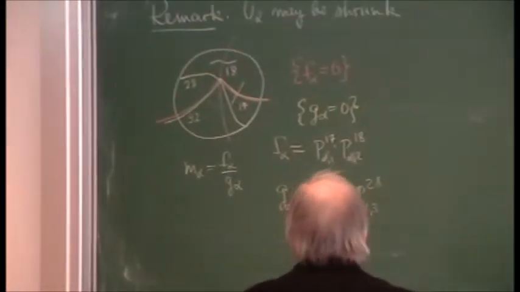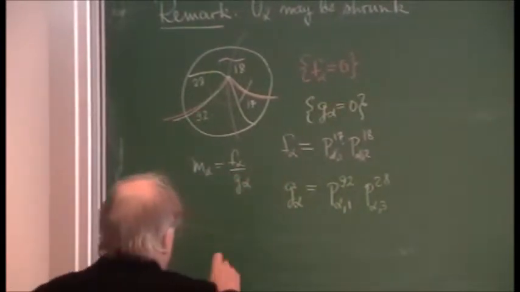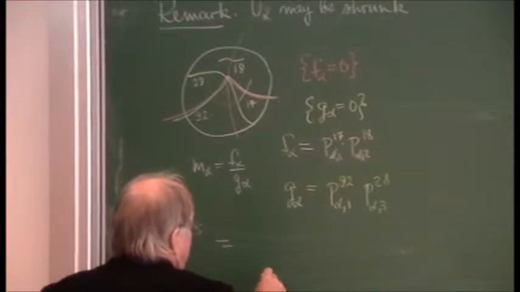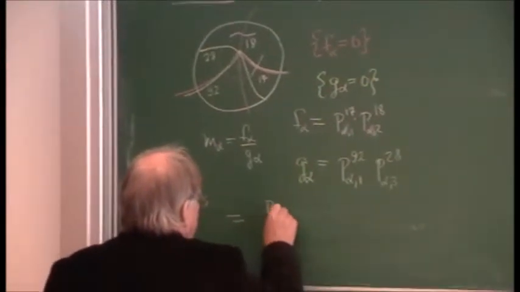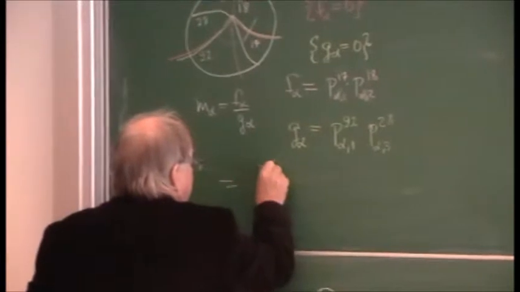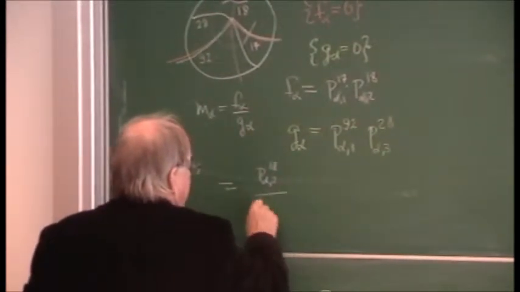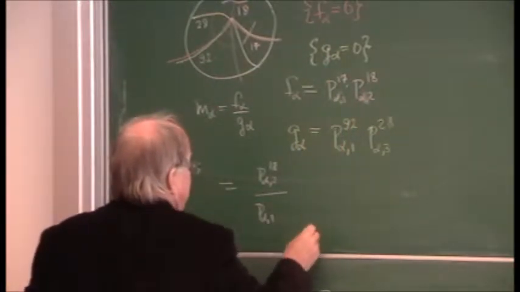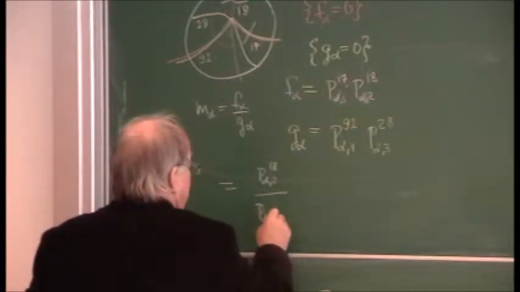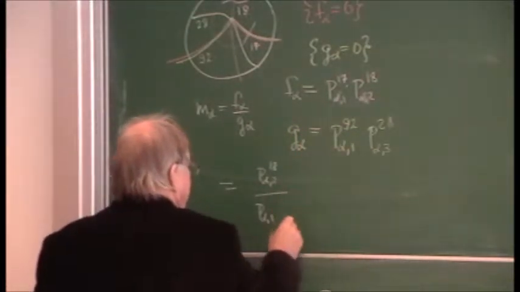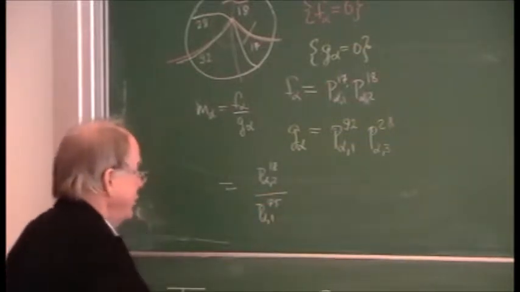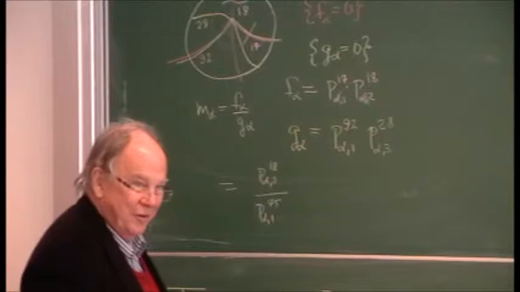So what we're going to do now, don't forget we're looking at this ratio. So this ratio is equal then to, if I do this right, P alpha 2 to the 18 divided by P alpha 1 to the 92 minus 17, which is 75, is that right?